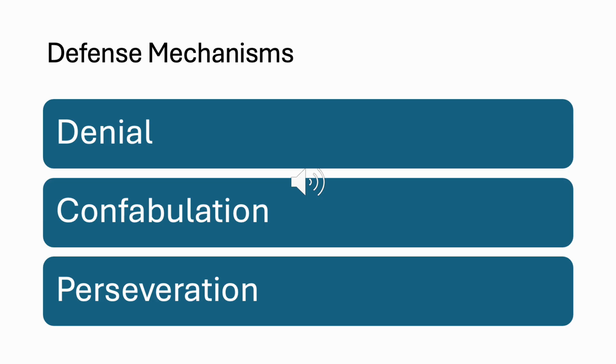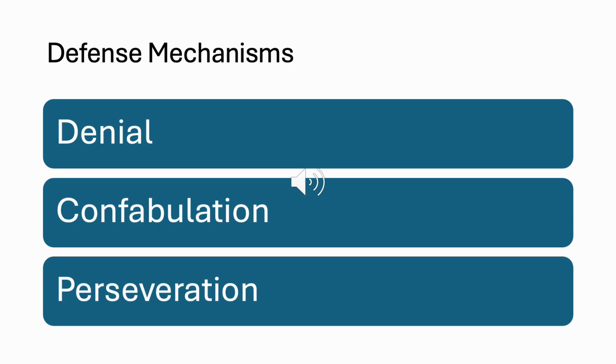So patients with dementia use defense mechanisms as their cognitive functioning declines, and this is to preserve their self-esteem. And of course, most people use defense mechanisms to preserve their self-esteem. The first one is denial, and I think you probably already know what denial means. It's when the client and the family deny that there are memory changes taking place, right?